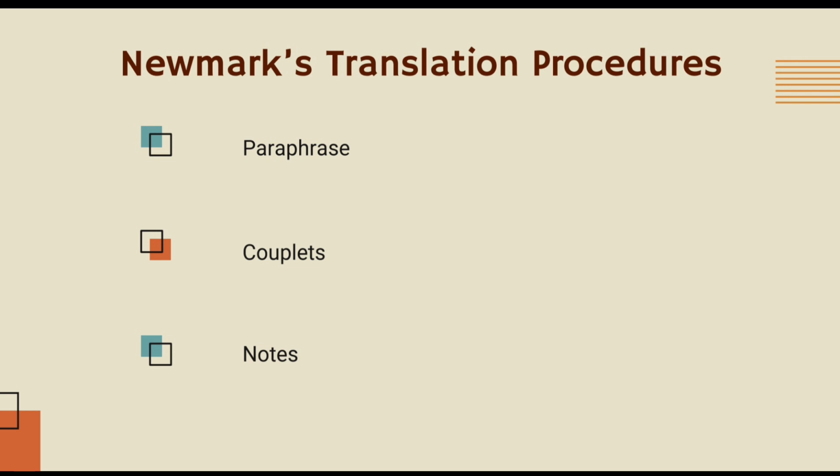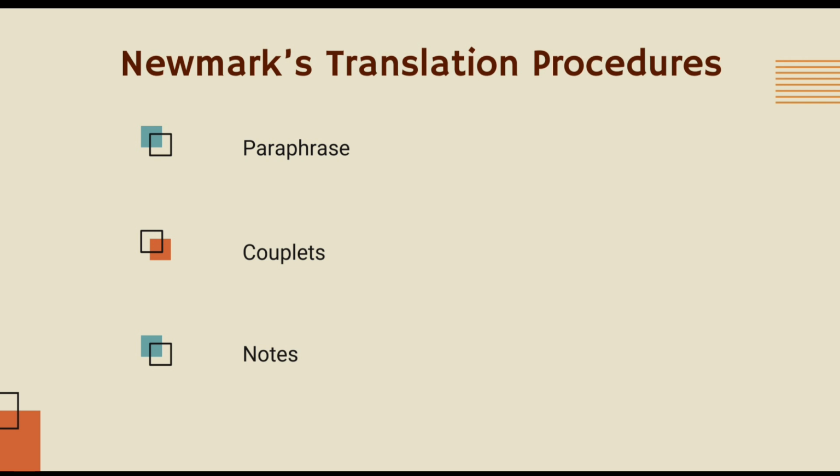It occurs when the translator combines two different procedures: couplets, triplets, quadruplets combine 2, 3, or 4 of the above-mentioned procedures respectively for dealing with a single problem. 15. Notes. Notes are additional information in a translation.